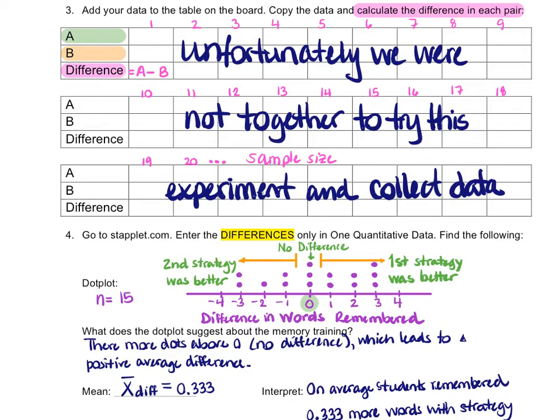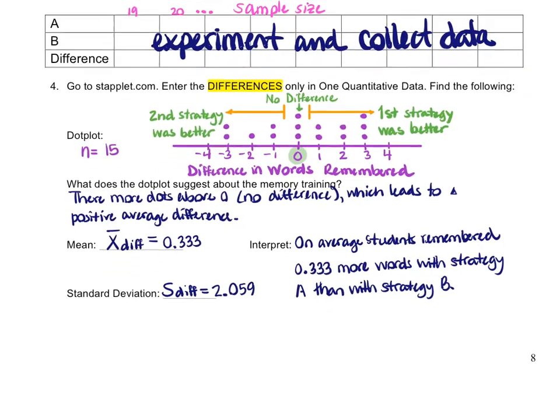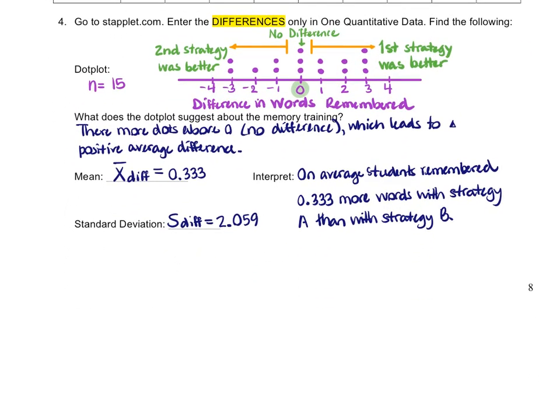And then we would put it onto a dot plot. So on the dot plot, we would only put the differences.